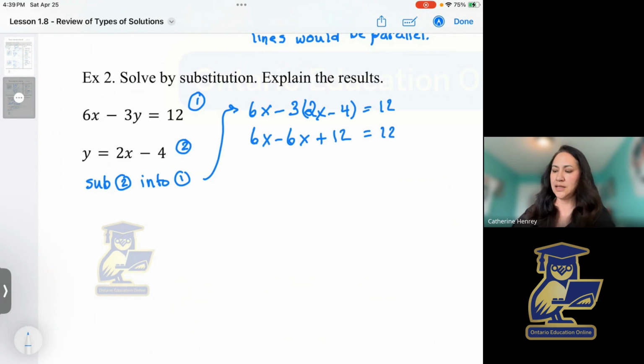In this case, 6x minus 6x, those are going to cancel. And here I'm left with 12 on the left and 12 on the right. In this case, 12 is always equal to 12. So this is always true.